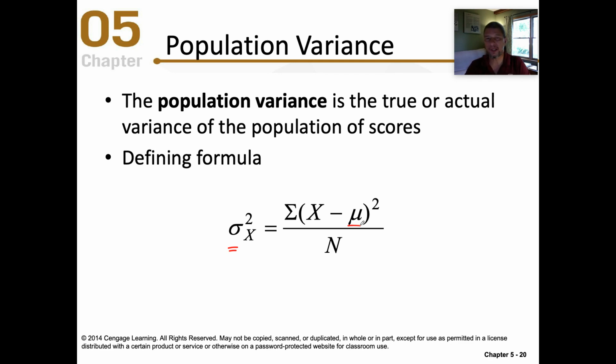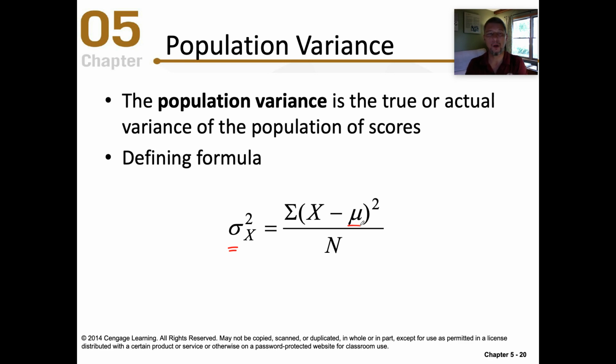So the formula itself is the same as the one that we used last time. The only difference is that we're now using mu instead of x bar. We're not talking about the sample mean. We're talking about the population mean. So this is the population variance.